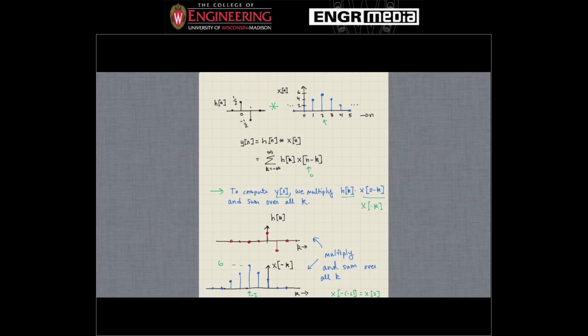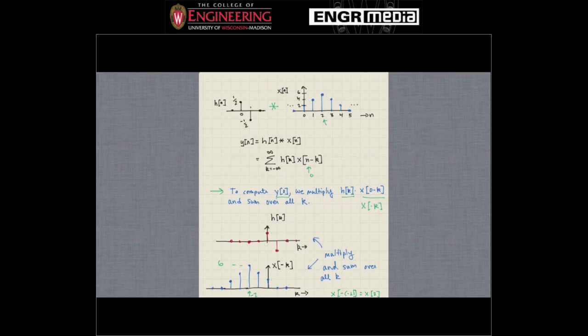We have this value multiplied by this value, and what does that give us? That gives us, well, this bottom value, x of minus k at 0, is 2, and the top value, h of 0, is 1/2. So we multiply those together, and we're going to sum those all up.